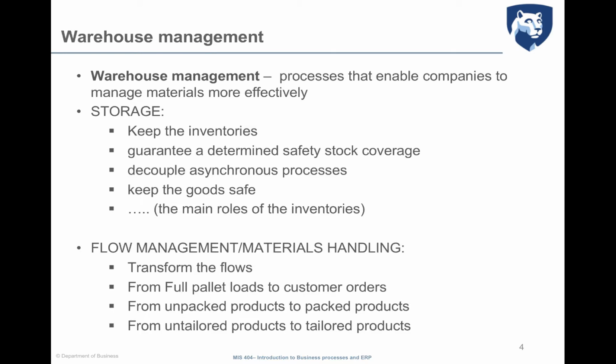First of all, when we talk about warehouse management or logistic, we intend all the processes that enable companies to manage materials more effectively. In particular, we can separate two big categories of processes, which is storage, which are all the activities related to keep inventories, guarantee some coverage in terms of safety stock, keep the goods safe, and so on.